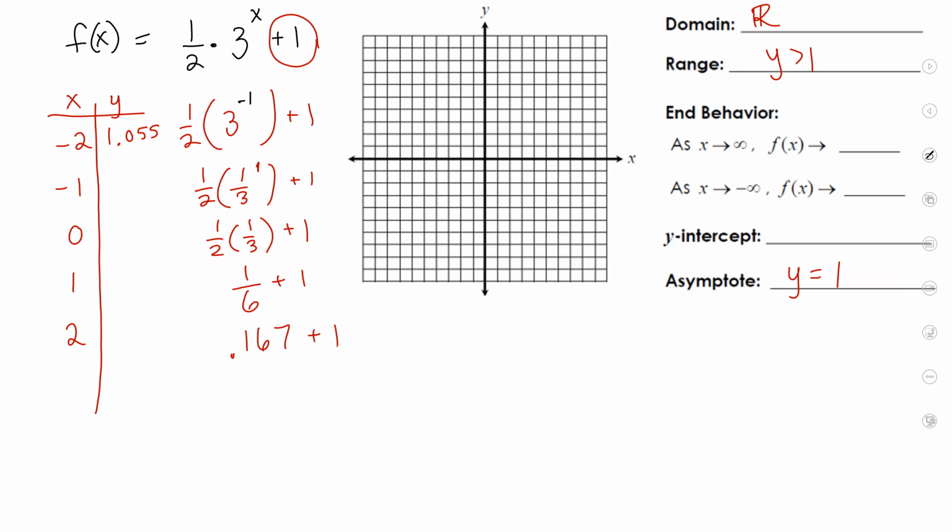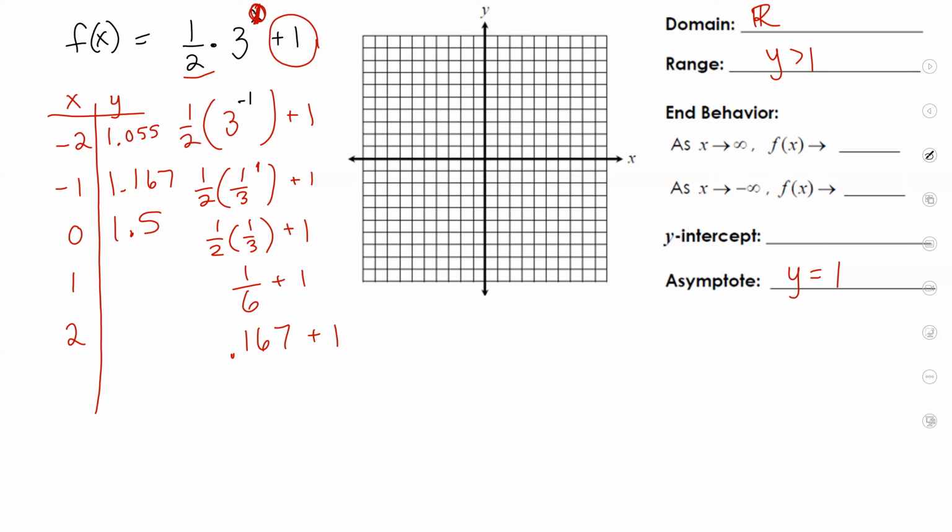Plus 1 is 1.167. All right, let's plug in a 0 this time. What is 3 to the power of 0? It's 1. What's half of 1? 0.5 plus 1? 1.5. All right, let's plug in a 1 this time.